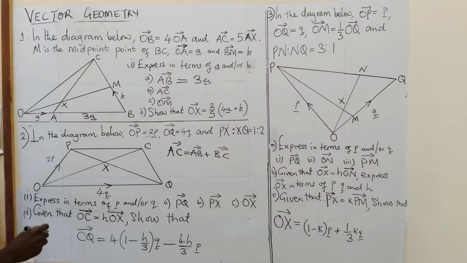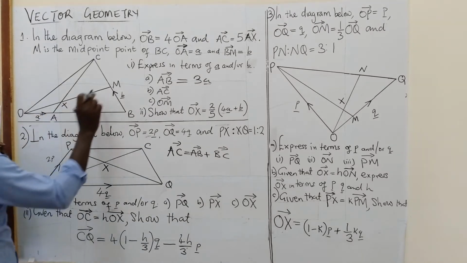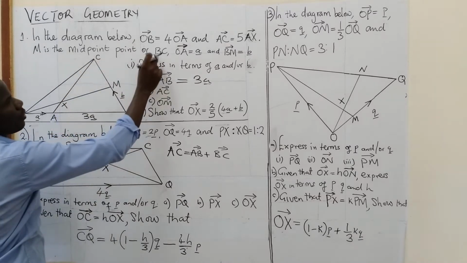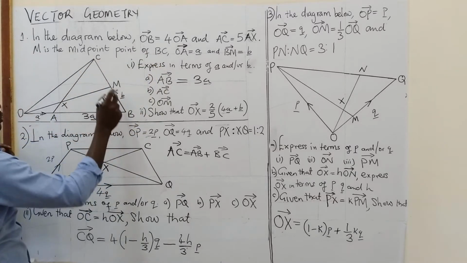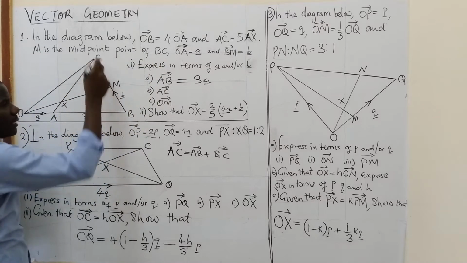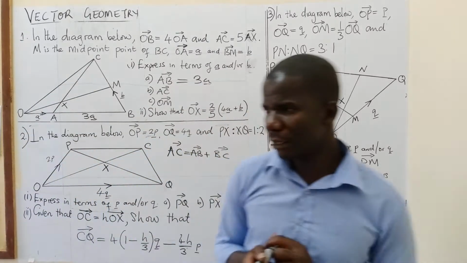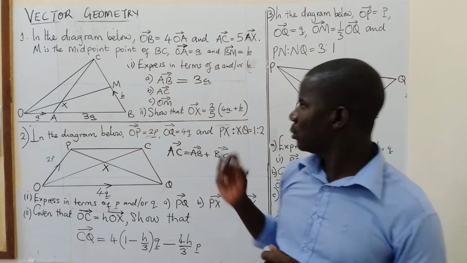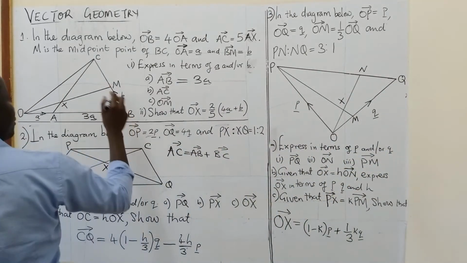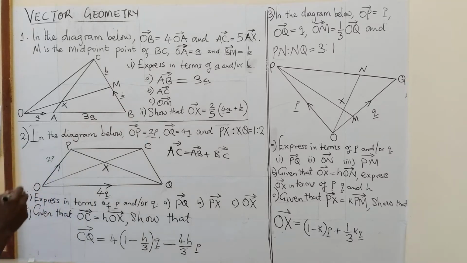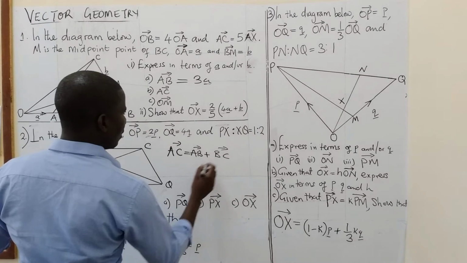Now, take note that we've been told that M is the midpoint of BC. If it is the midpoint of BC, it divides BC into 2 equal parts. So if BM is equal to b, then even this part here is b.